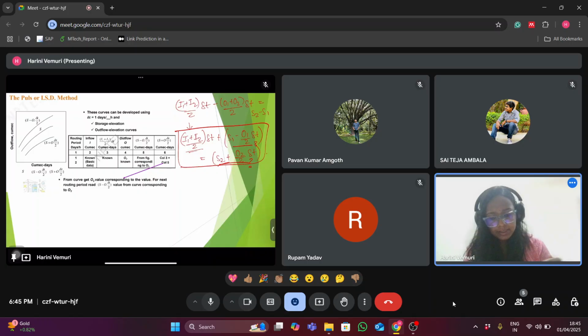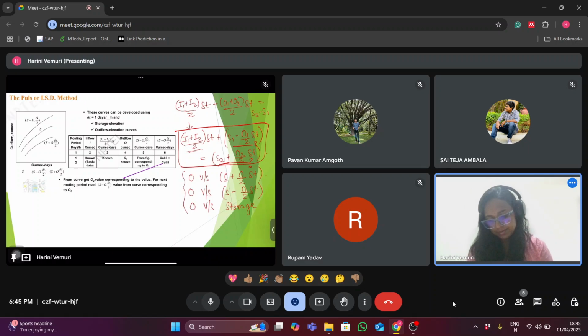Since previously we solved the problem using curves, here also we need to develop curves like outflow versus S plus O by 2 into delta T. Also, we have to develop outflow versus S minus O by 2 into delta T, and outflow versus storage. So these three curves are important.